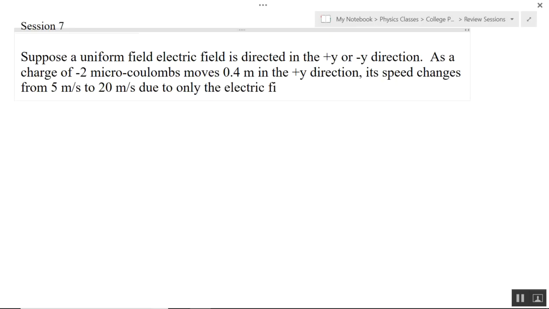In other words, we're going to ignore gravity and everything else.